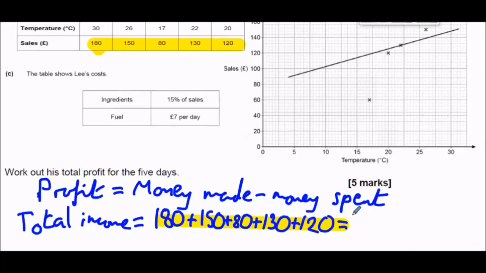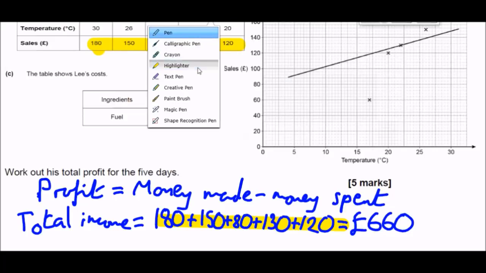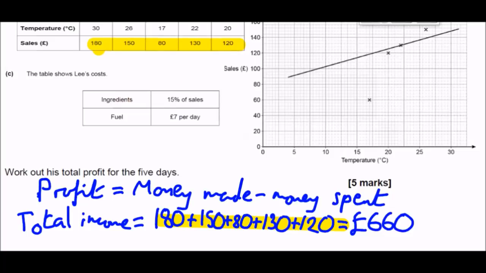So his total income is £660. So I'm just going to put that highlighted. So his income, £660. What we need to work out now is his outgoings, the money he's spent.